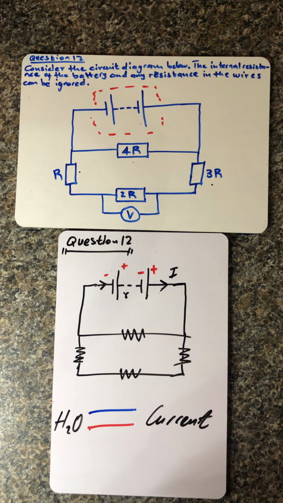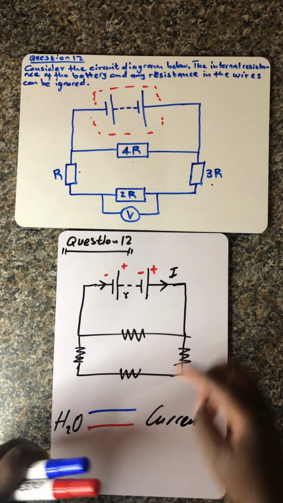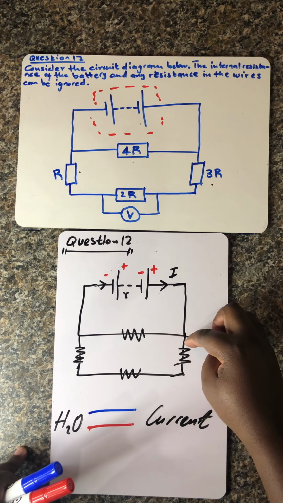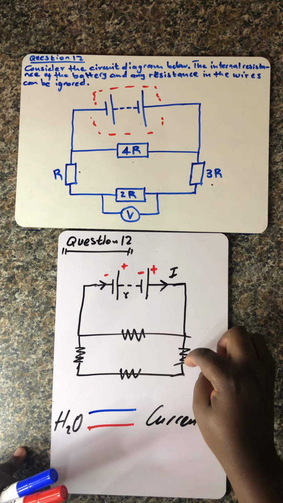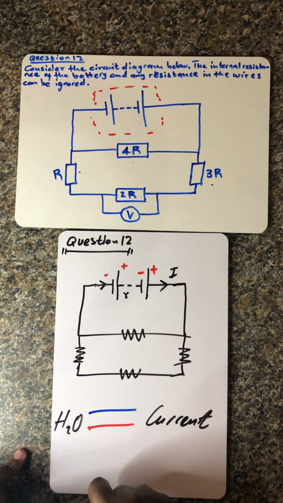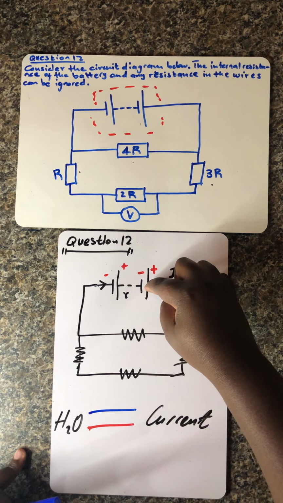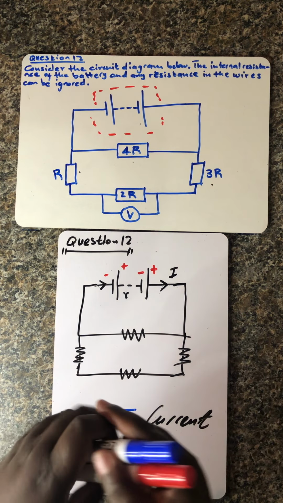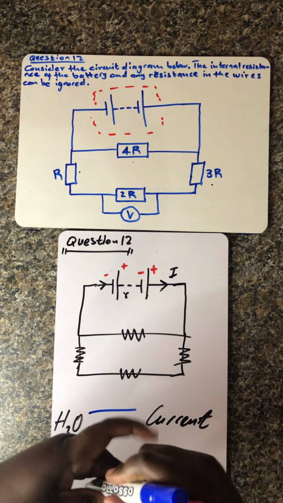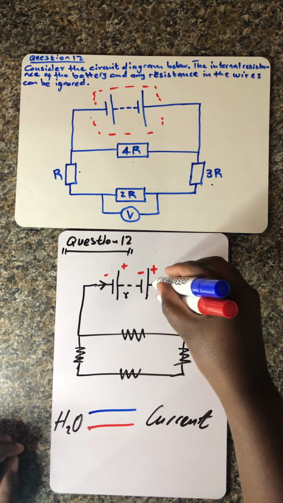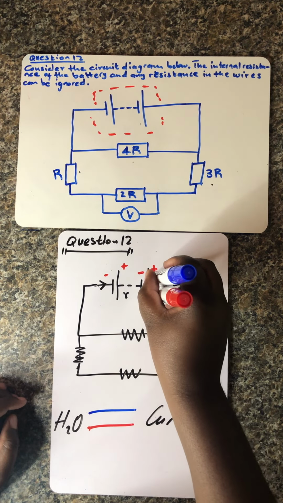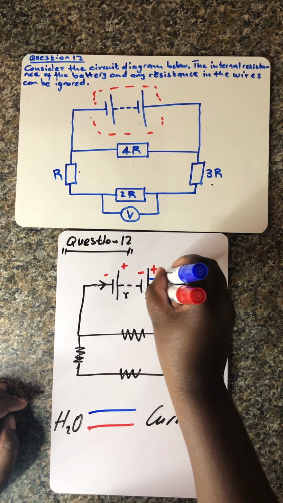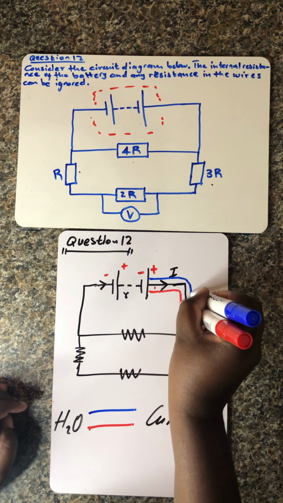This is the wire, so this will be the current flowing through the wire. If you assume it to be water, then it will be water flowing within a pipe. So guys, this is how the current flows. It's very, very much important that you understand what I'm doing here.